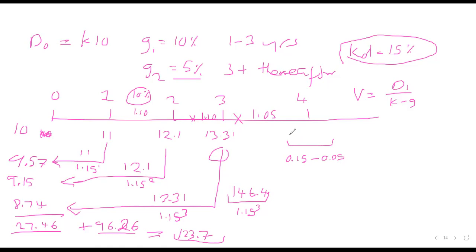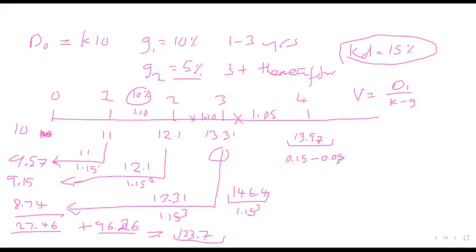Yes, Henry? 13.97. 13.97. This adjustment is because we are now moving into a new phase where the growth declined from 10% to 5%. Then we use Gordon's model to adjust 13.97 with 15%.